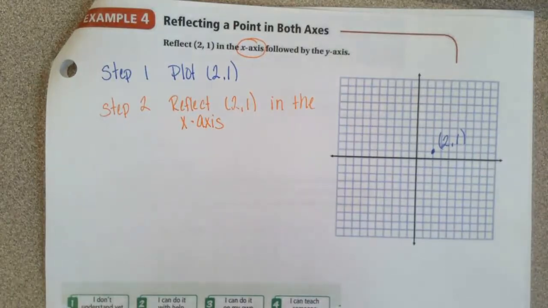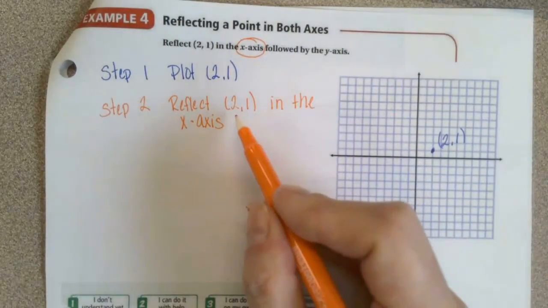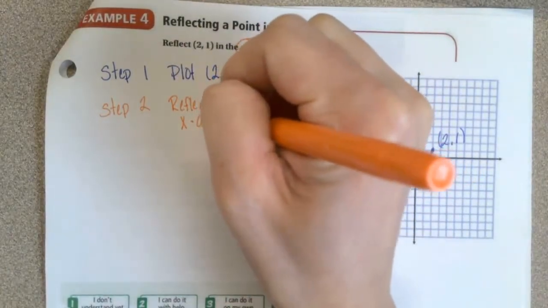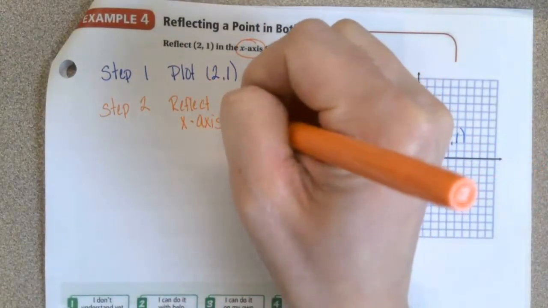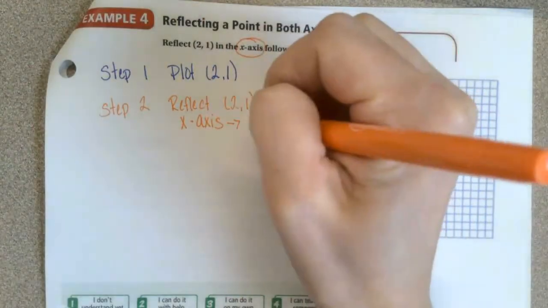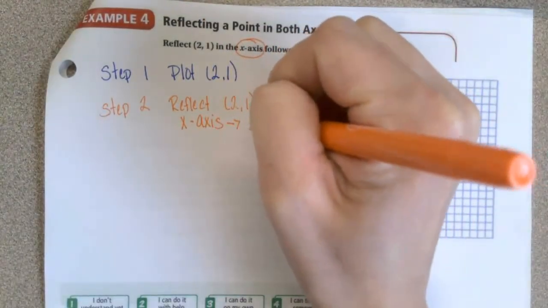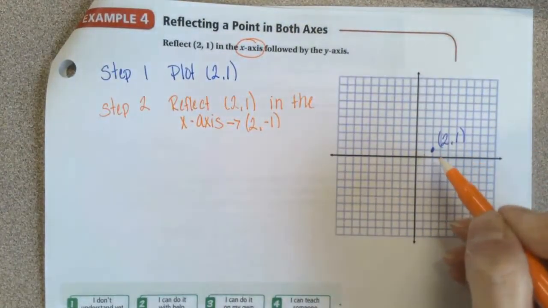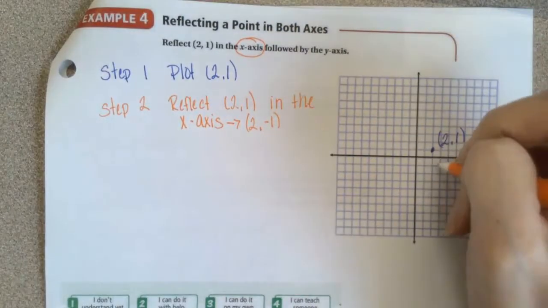Okay, so that means I keep the same x, opposite y. So same x, that means I'm going to have 2, the opposite y, -1. Okay, so now if I graph that, over 2 down to -1.